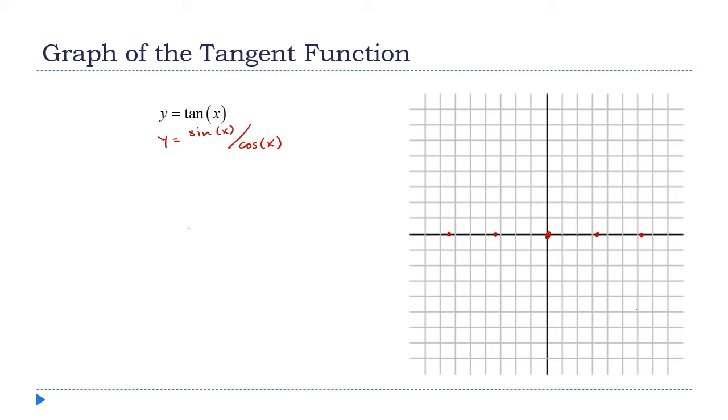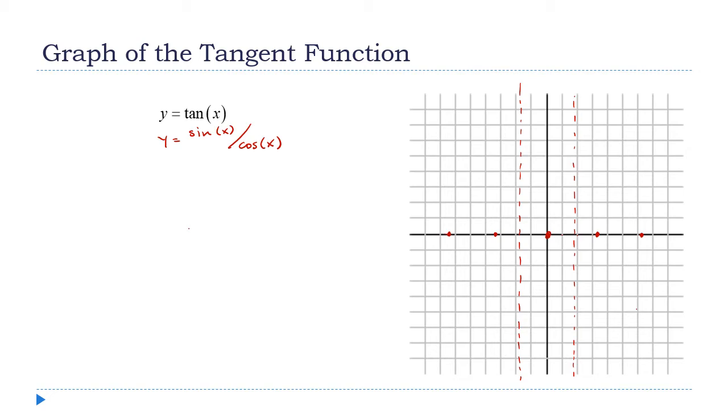It's going to have asymptotes wherever the cosine is equal to 0. Right? That happens at pi over 2, which is right here in the middle of this interval. And it's going to happen here at negative pi over 2. And it's going to happen in the middle of the next interval as well.